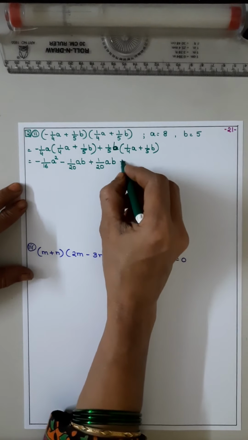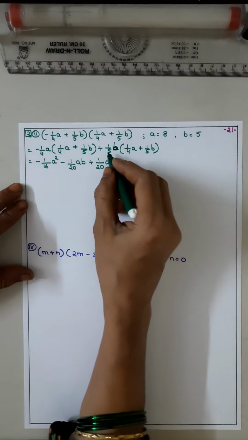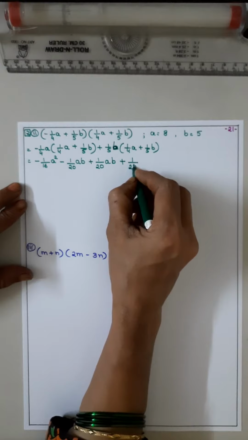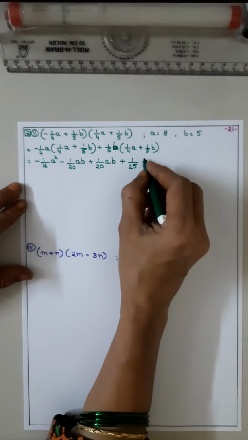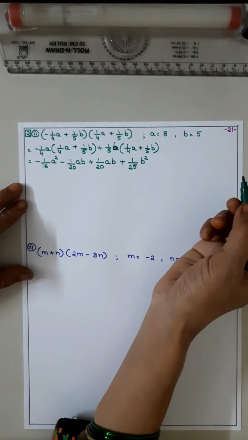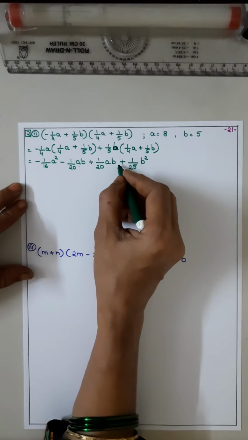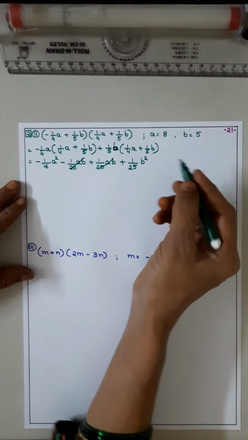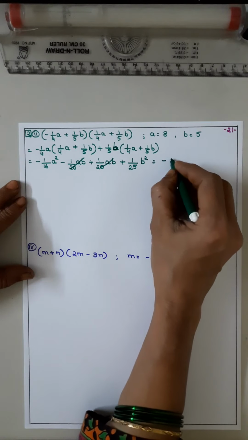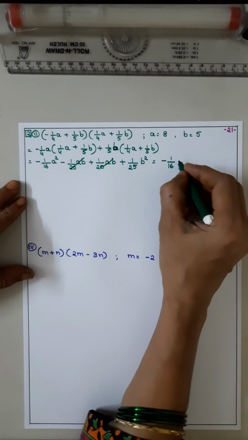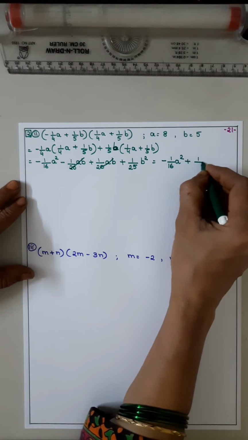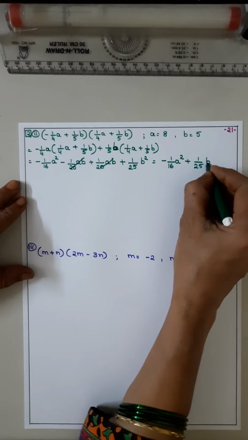Now plus plus plus, it is 1 1s are 1, 5 5s are 25, b into b, b square. Now ab plus minus, so this gets cancelled. The answer is minus 1 by 16 a squared plus 1 by 25 b squared.